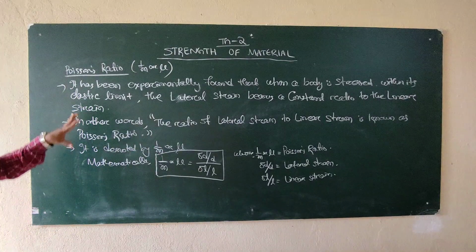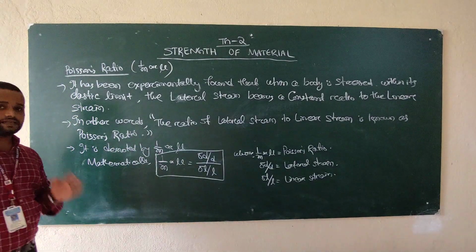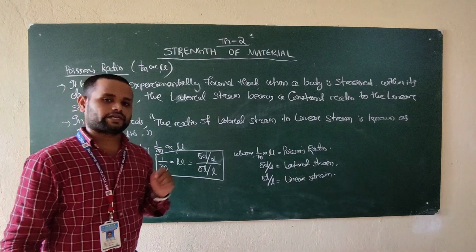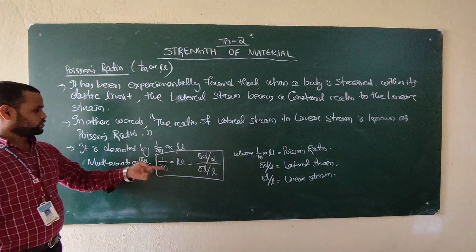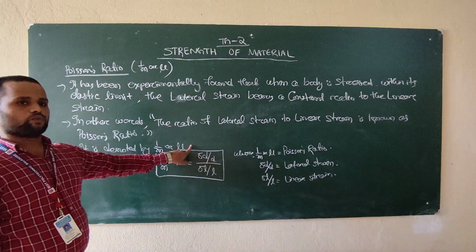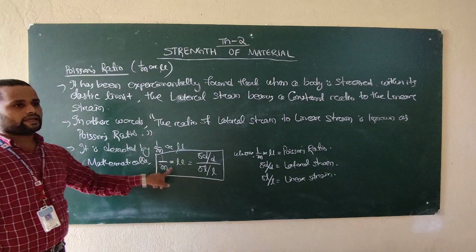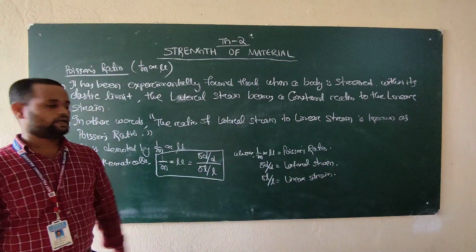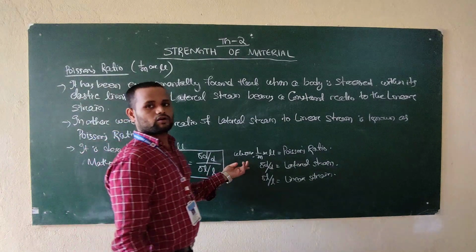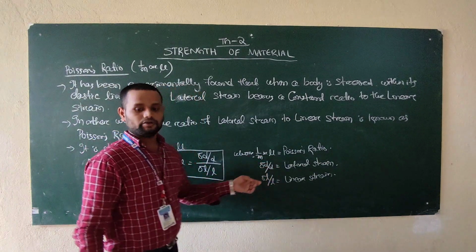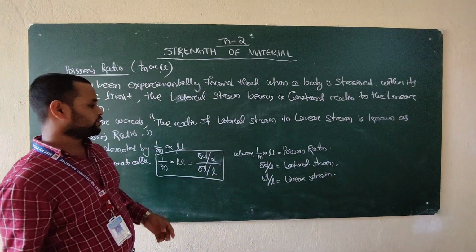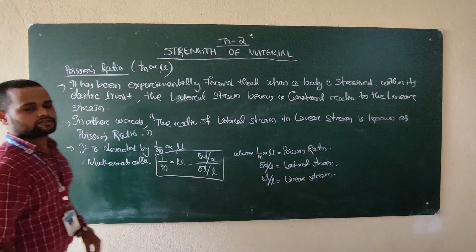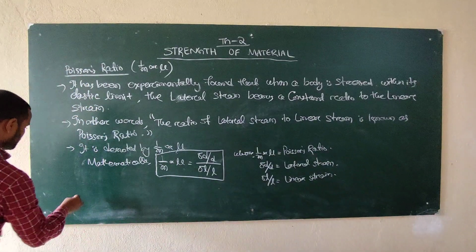What is Poisson's ratio? It is the ratio of lateral strain to the linear strain. Poisson's ratio symbol is 1 by m or mu. In mathematical formula, 1 by m or mu equal to del d by d divided by del L by L, where 1 by m or mu equal to Poisson's ratio, del d by d equal to lateral strain, del L by L equal to linear strain.